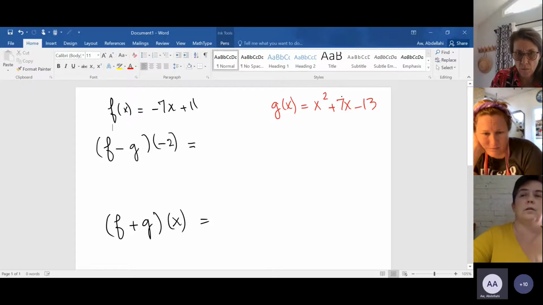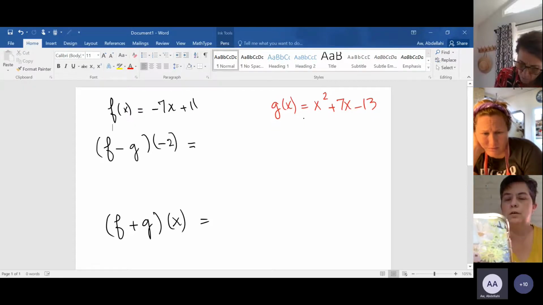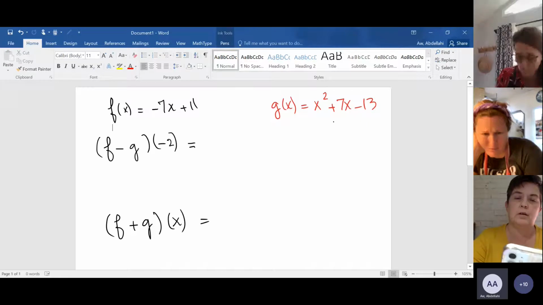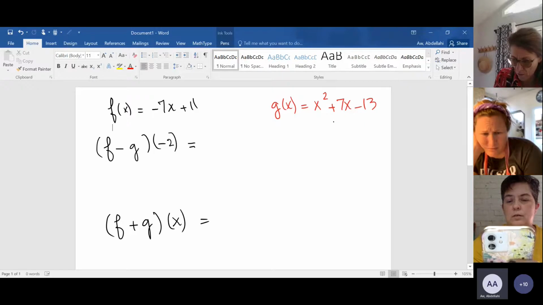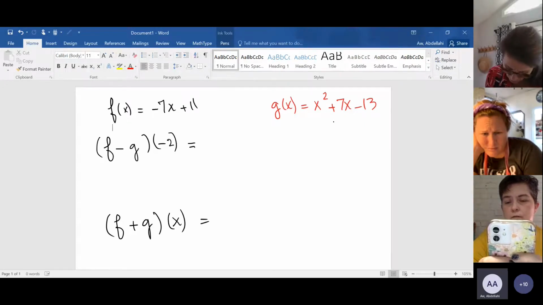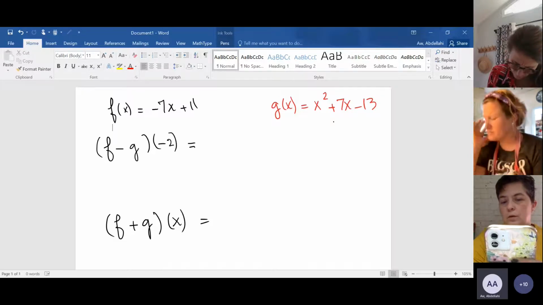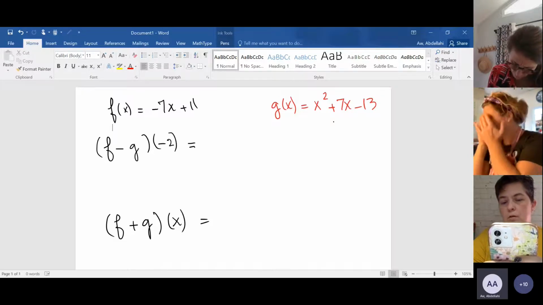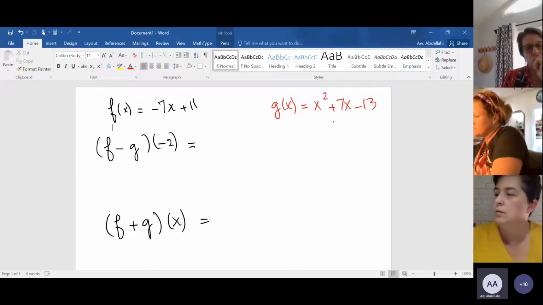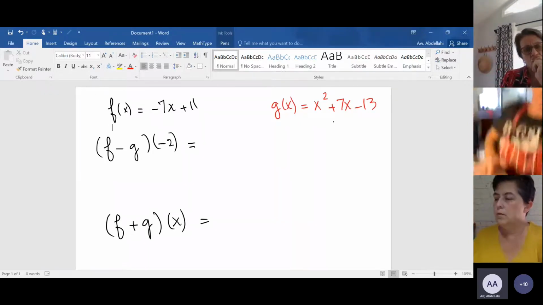You have to do 7 times -2 first. But I'm not sure if I should add the 4 to the second number. You should add all of them. You add the 4 with the second number you got, which is -14, and then the other one, -13. And then that's going to be your final answer for g of -2.